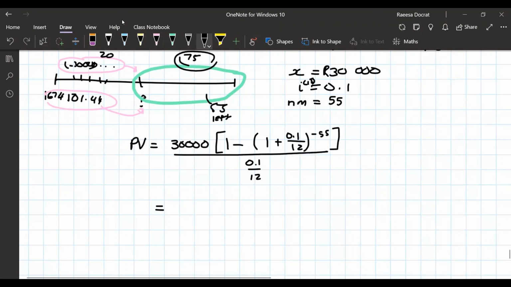So if we then type that into our calculator, the present value is 1,319,260.60. So you can see that this is less than 1.5 million. So will she have enough money? No, she will not have.